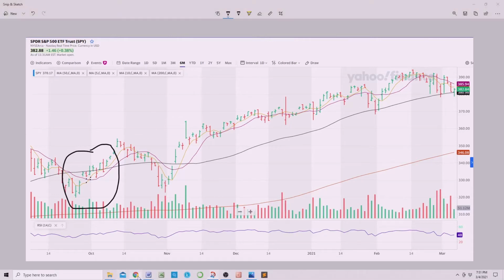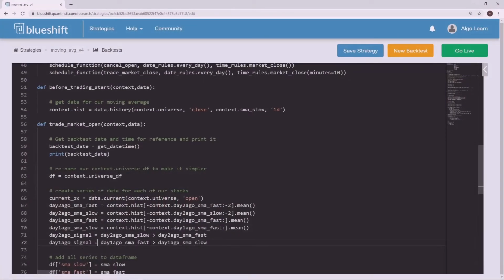And so that's going to be true as well. So if we get a true for day 2 ago signal, and a true for day 1 ago signal, then we're going to put that stock into our buy data frame.